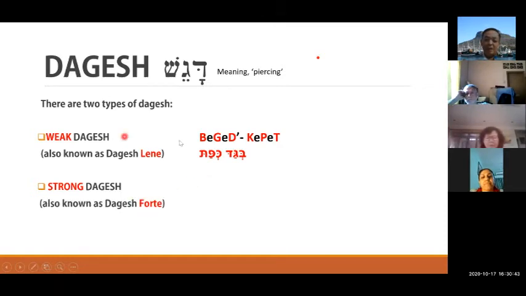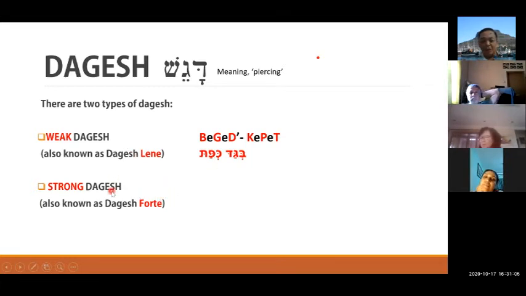Now, if you see a begadkefat letter with a dot, it is a weak dagesh. It can also be a strong dagesh as well, so you will have to guess, and we will tell you how to guess when it is a weak dagesh and when it is a strong dagesh. Why is it important to know the difference?